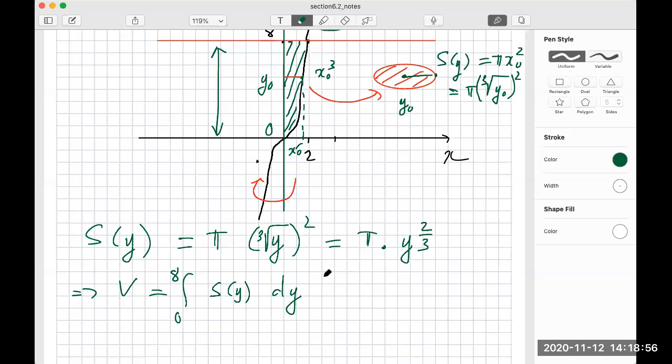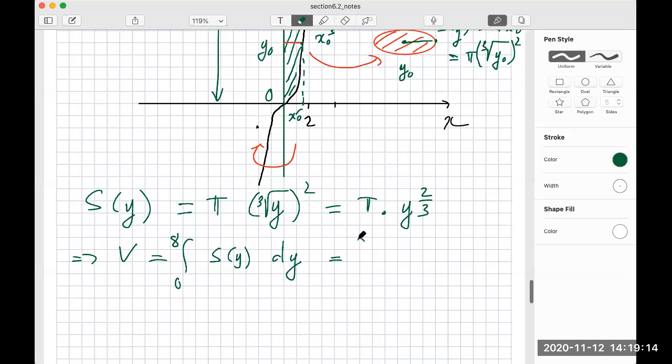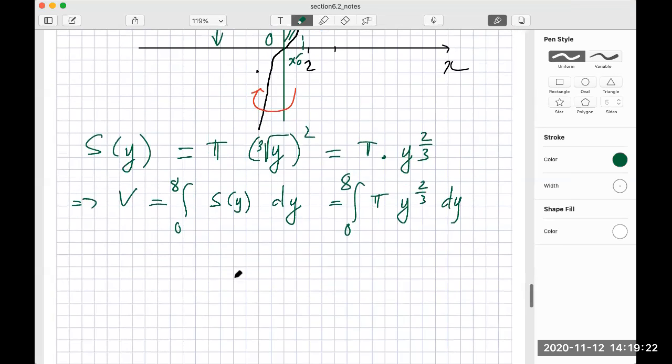Are we good? Do you have any question up to here? It's good, right? Then we substitute the value of S(y). It will be the integral from 0 to 8 of pi y to the 2/3 dy. Okay?